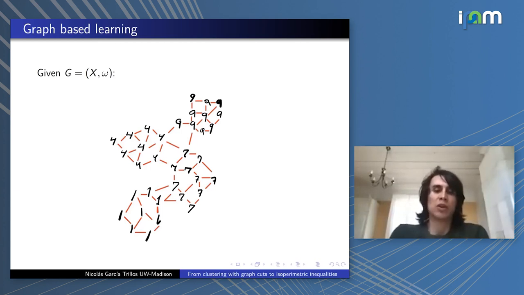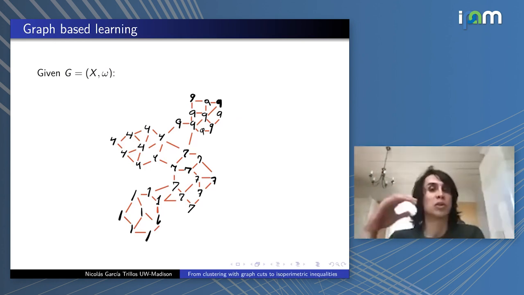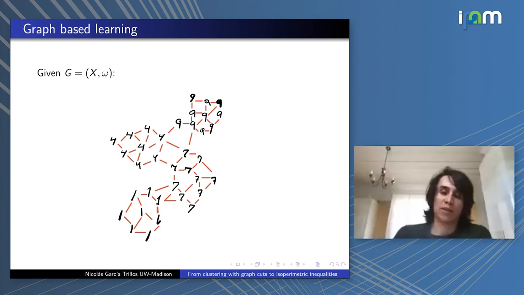If I want a notion of a cluster, the graph gives you a concrete way of talking about clusters. This idea of finding groups that have elements that are more similar or very connected among themselves and not so much with points in other groups is made concrete when you have a graph.